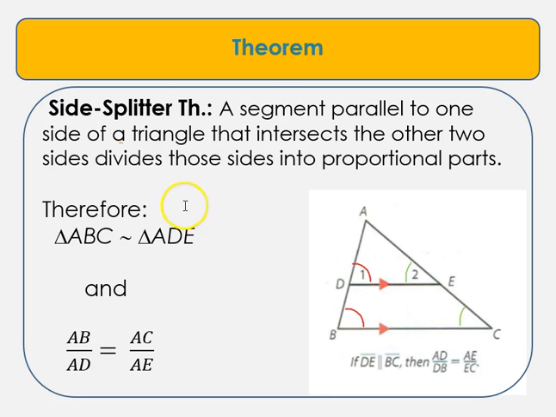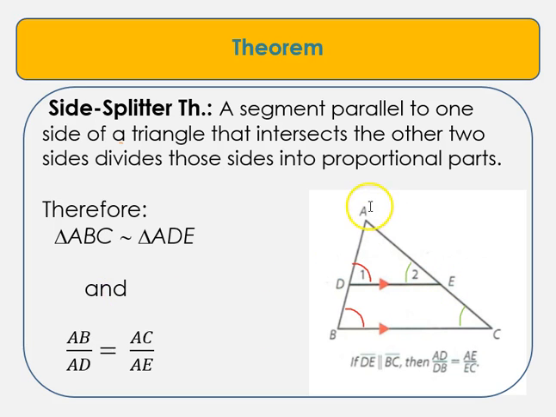So there's a proof in your book about the side splitter theorem, and I'm going to go through this proof, but very slowly, just so you can see how they set it up. So triangle ABC, the larger triangle, is similar to ADE.